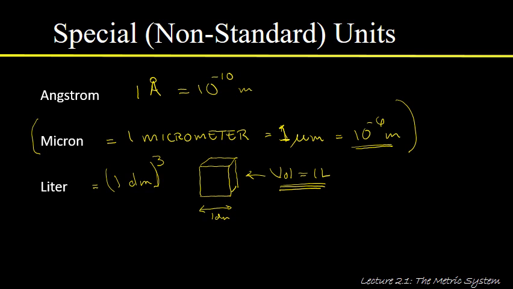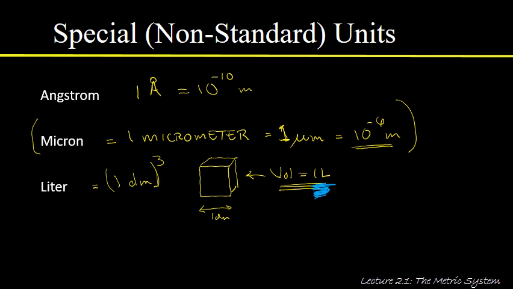So it's a lot more convenient in most cases to use liters. And so although liters are not an SI unit, they are accepted. In fact, they are by far the most common unit in chemistry for volume, the liter.